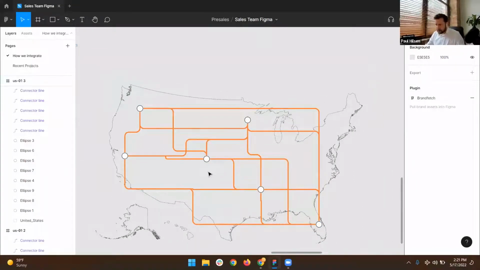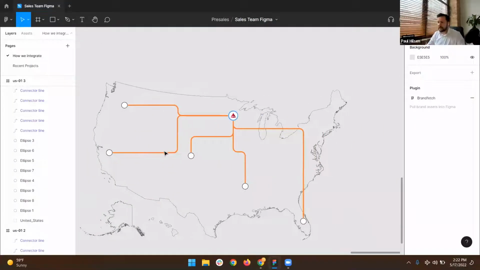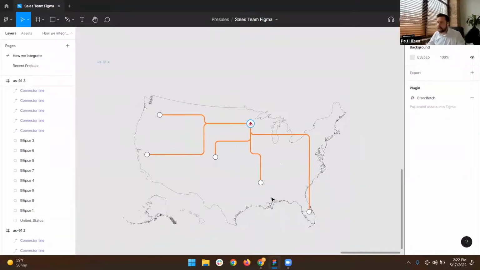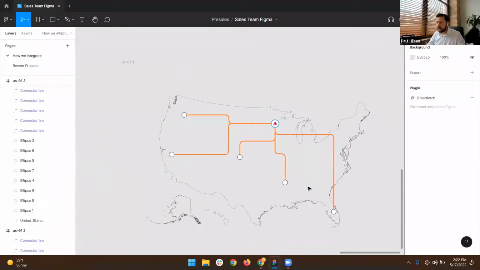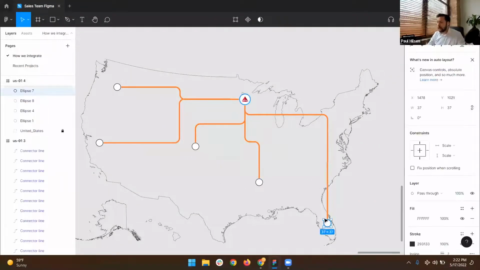Where this becomes powerful is, and what Delta said was, this is not scalable. I need something scalable. So they pioneered, like I said, the hub and spoke model. This looks a lot cleaner, and I am able to fly people anywhere I need to, just the same as I did over here, but with a lot less flights. And now in this example, if something changes with Florida, guess what?